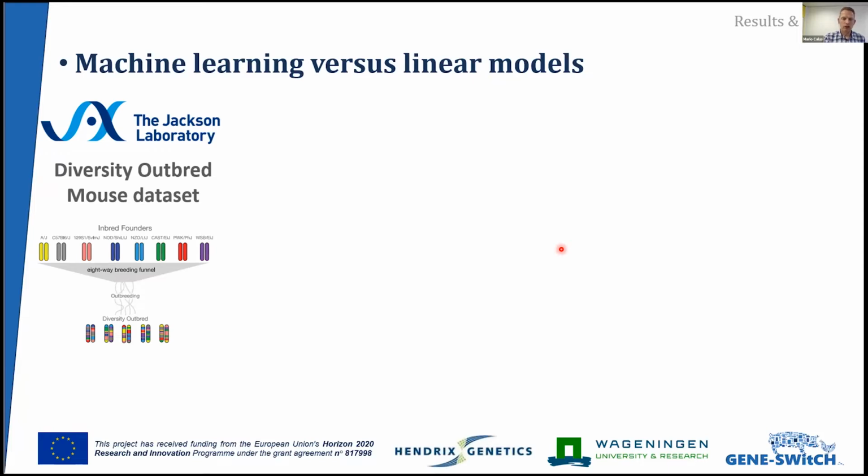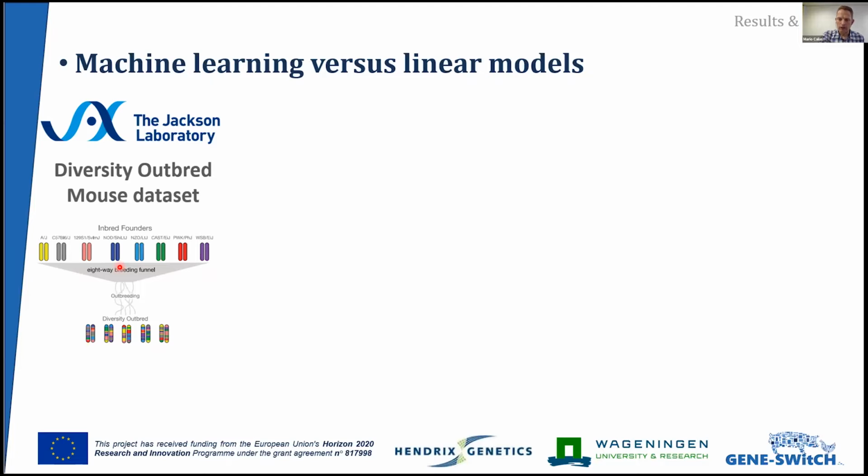So to start working with the models we developed, we also started to work with available data on the diversity outbred mouse. This population has something like 4 generations of data of outbred mice that derived back 10 generations ago to 8 inbred founder strains.